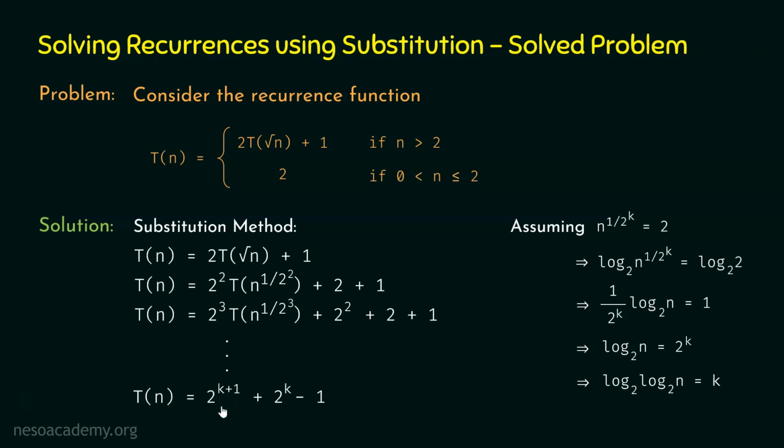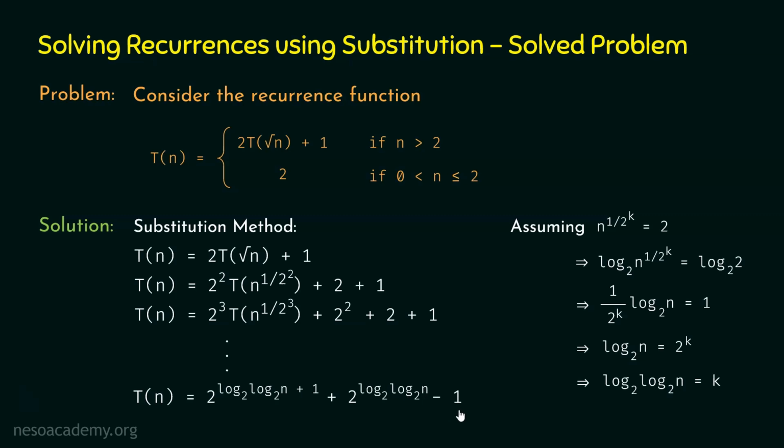Tn is equal to 2 power k plus 1 plus 2 power k minus 1. Now we can replace k by log base 2 log n base 2. After replacing k by log base 2 log n base 2, we are getting this expression: 2 power log base 2 log n base 2 plus 1 plus 2 power log base 2 log n base 2 minus 1.